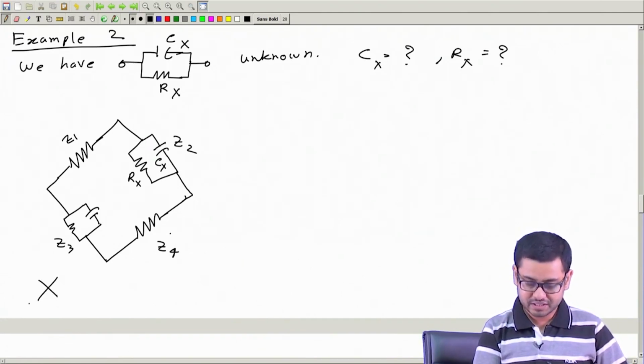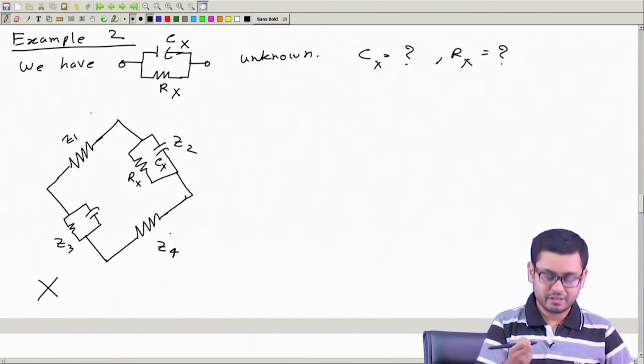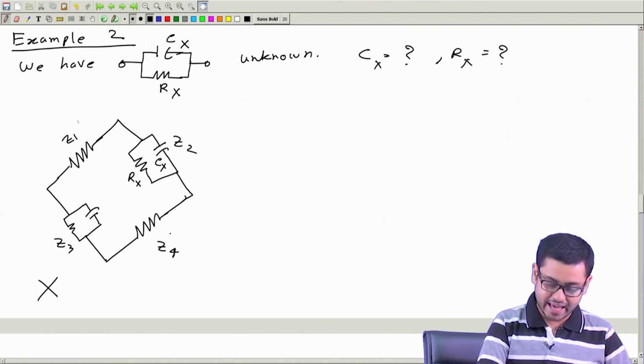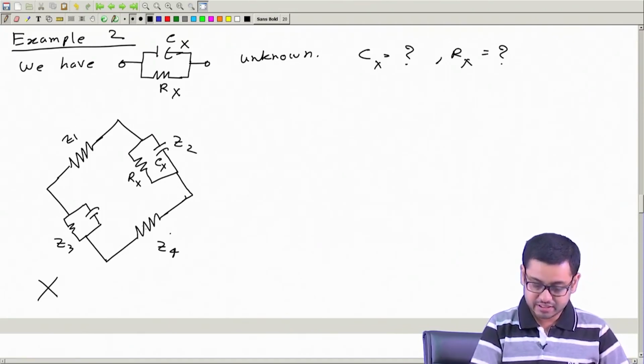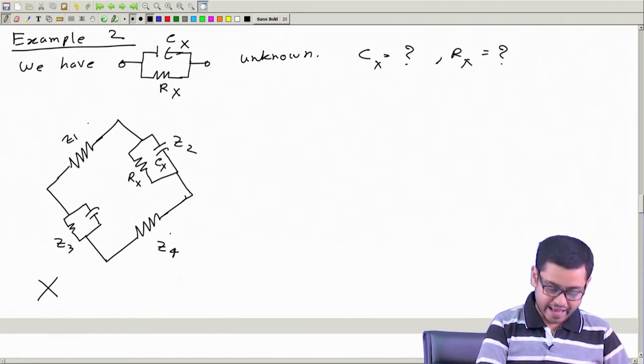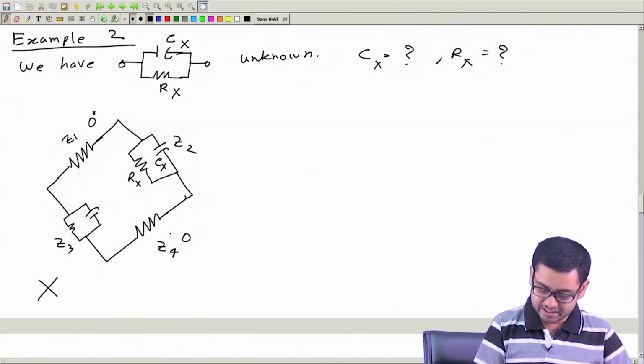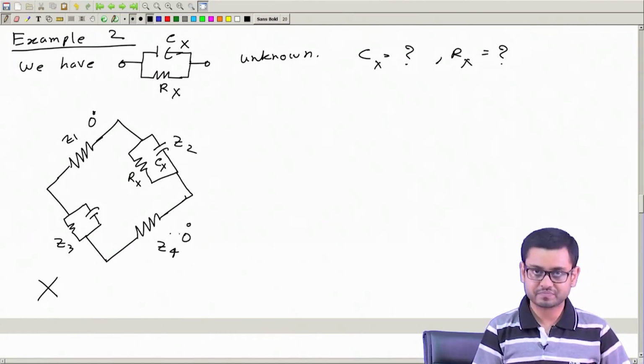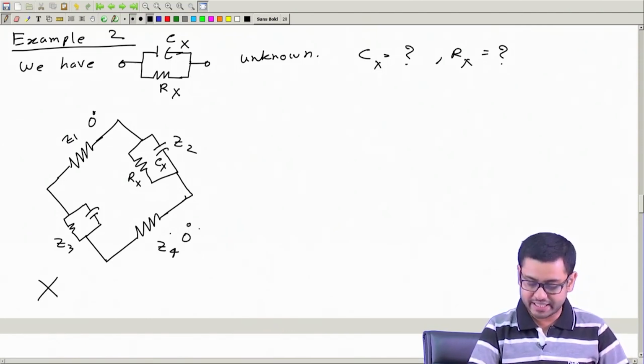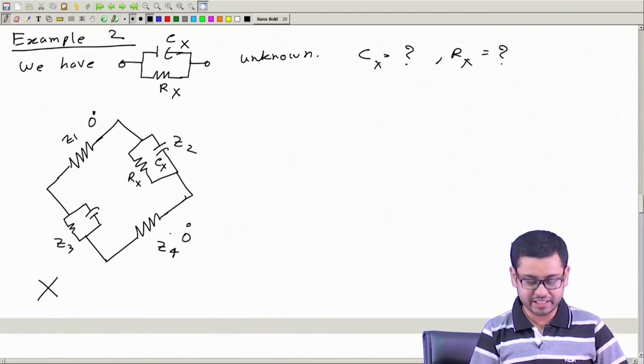Why? Because the angle condition says the sum of the angles of these two should equal the sum of the angles of these two. Now, the angle here is 0 degree, and here is 0 degree, so the sum is definitely 0 degree.